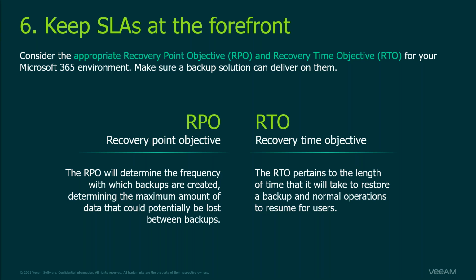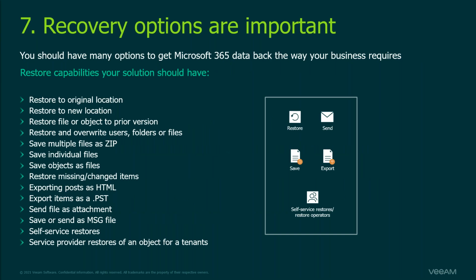Now, how can we recover that data? Recovery options are very important. You should have many options to get Microsoft 365 data back the way your business requires. So these are the restore capabilities your solution should have. In the Veeam application, you have 45 ways to recover your data.